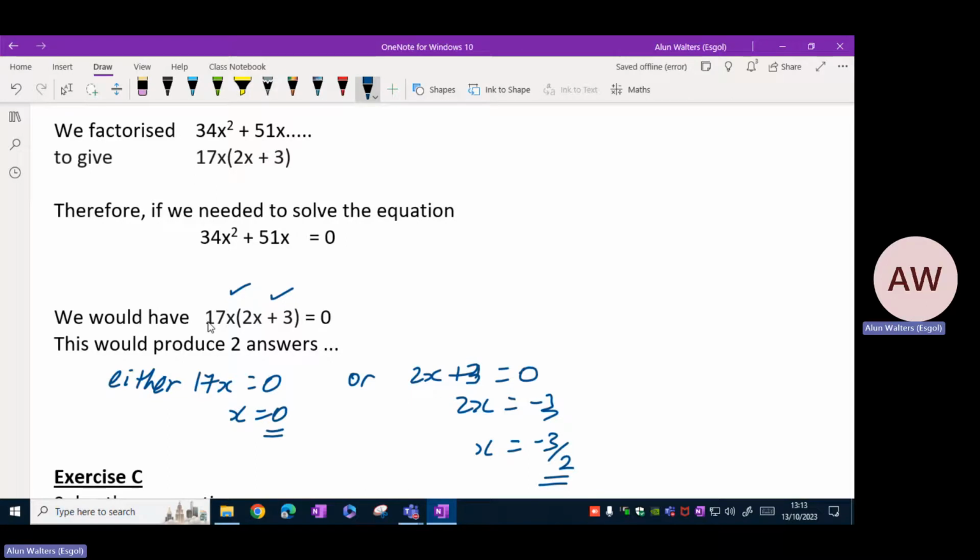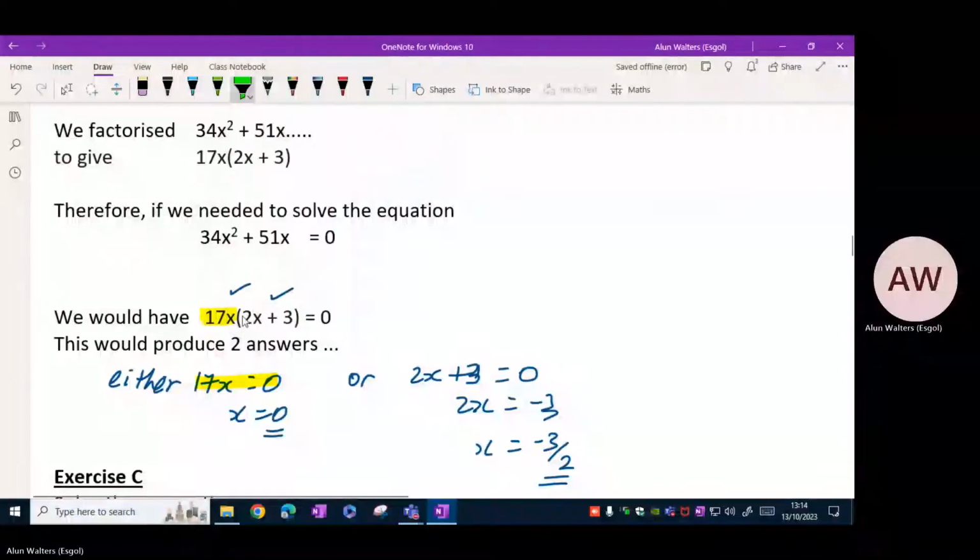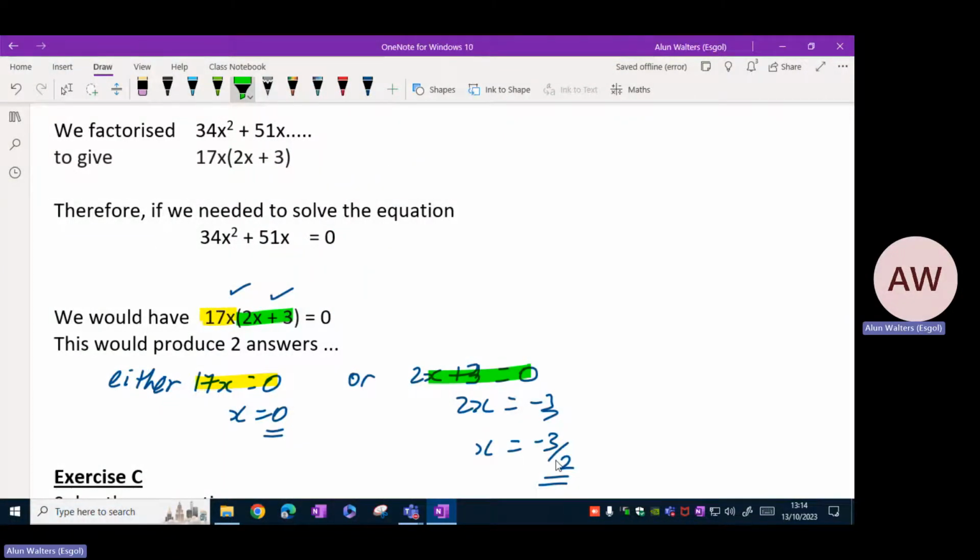Okay, now I'm either making that equal to naught, and whatever 17x is times that bracket will give me naught, or I am making that equal to naught, which I've done here, and I end up with the second answer.